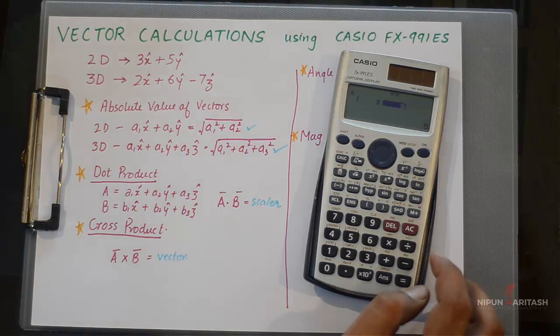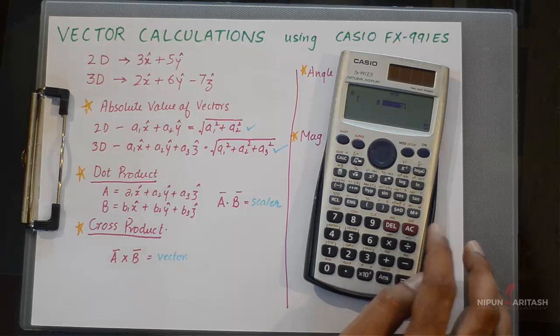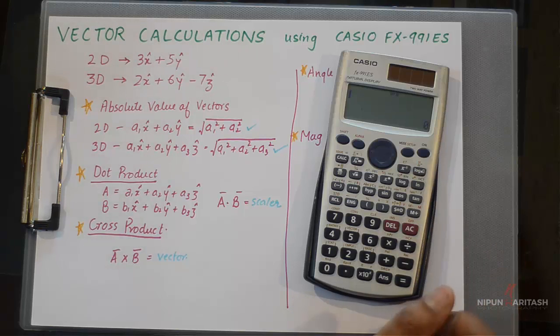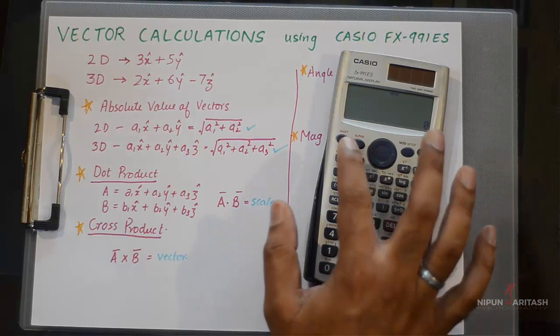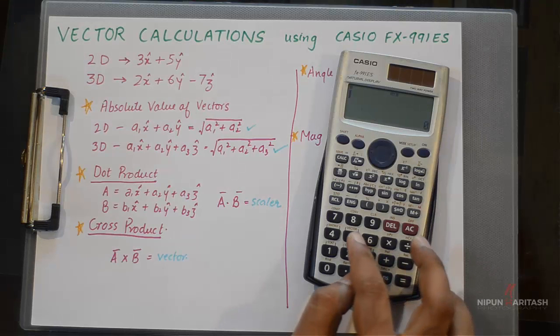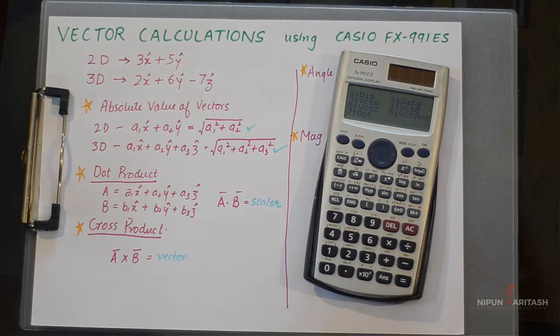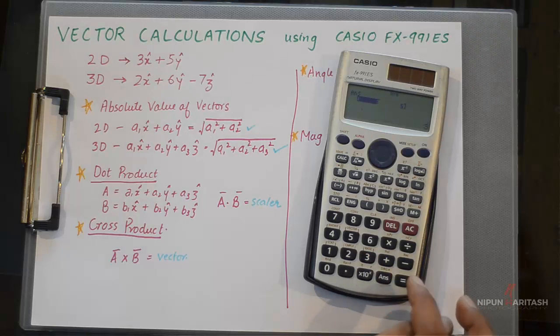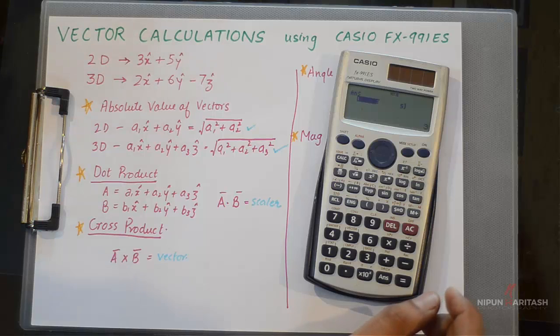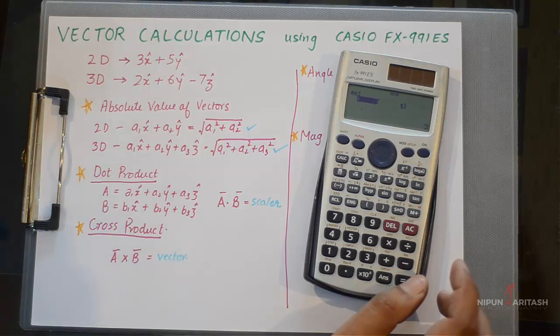Now in order to perform operations on this vector, you need to go out of this space by pressing the AC key, and then you can press the shift key and go to vector, which is the number 5 option. Here you get all the options where you can see the value of a vector. For example, if I press 3 now, it will show me the values which are currently present in vector A. So I inputted 3 and 5 in that, so it is showing me that.